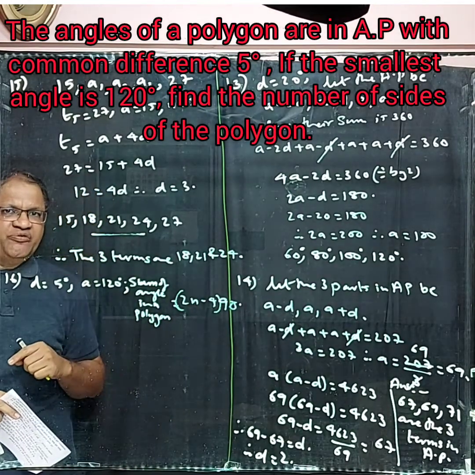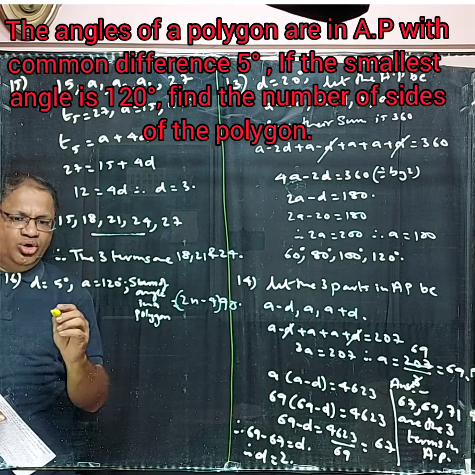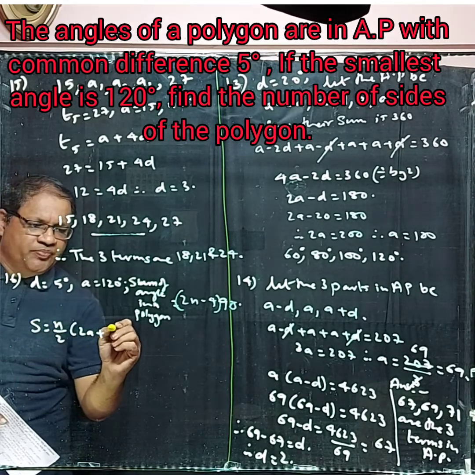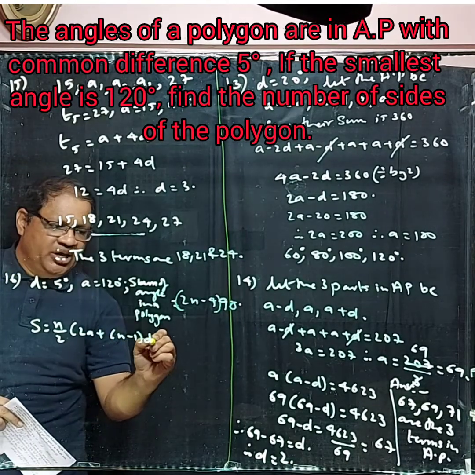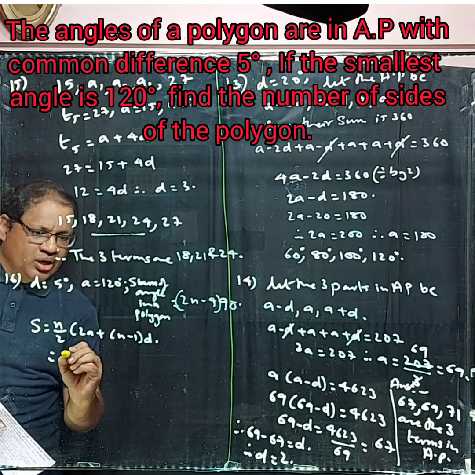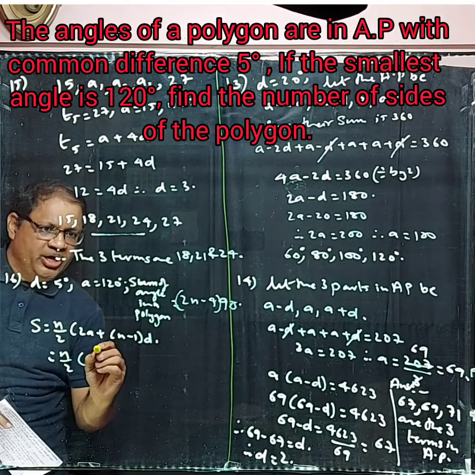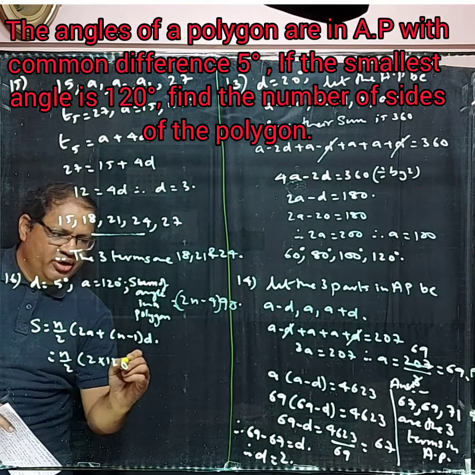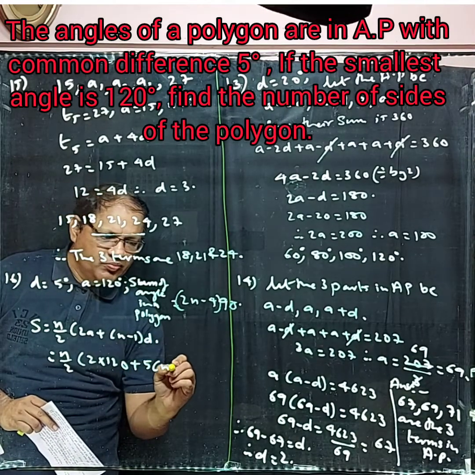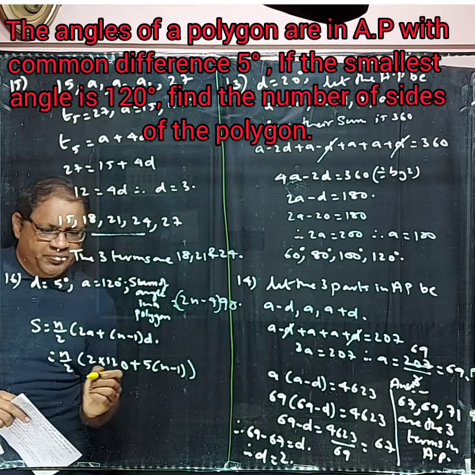Now sum of sides of a polygon. So you have to use this formula. S is equal to n by 2, 2a plus n minus 1 d. Okay. So n upon 2, 2a is 2 into 120 plus n minus 1 d. d is 5. Alright.